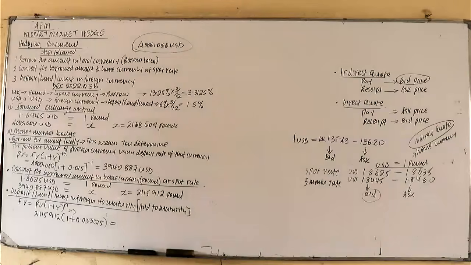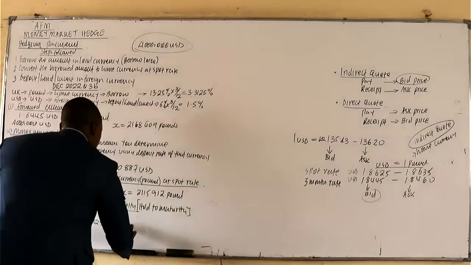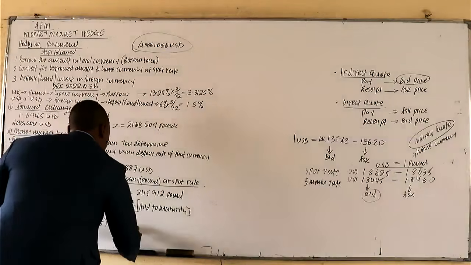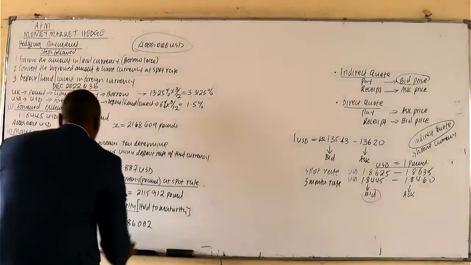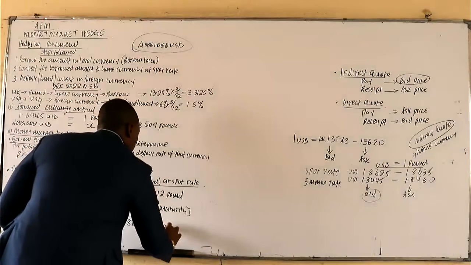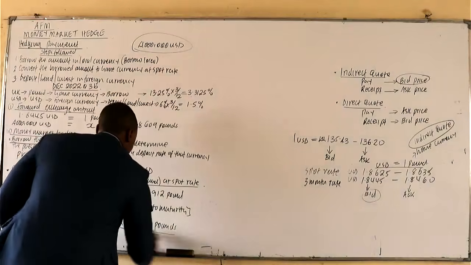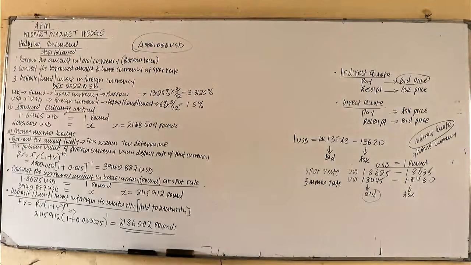At maturity, you'll get an amount of 21,86,002 pounds. That's what you get.